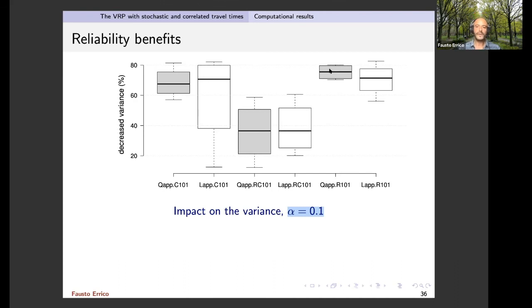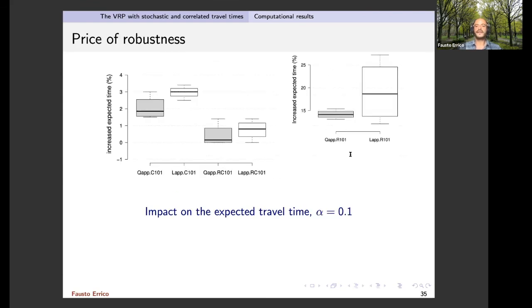The interesting thing is that alpha can also be used as a way to moderate this behavior. Let's say that for the R instances, with alpha equal to 0.1, the increase in expected travel time was too much. Alpha allows us to moderate this.